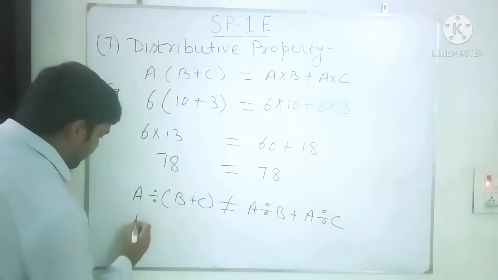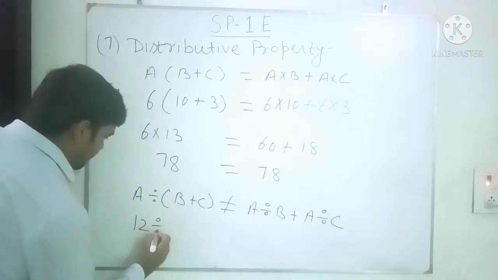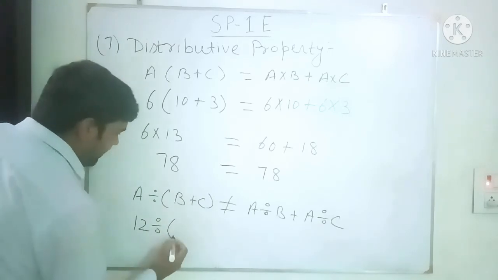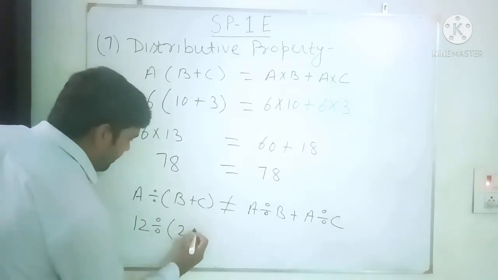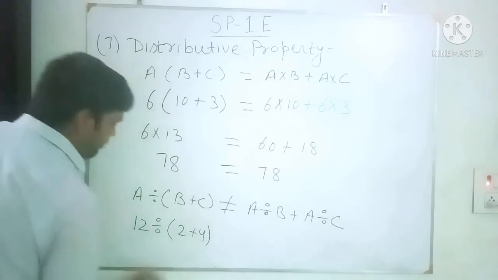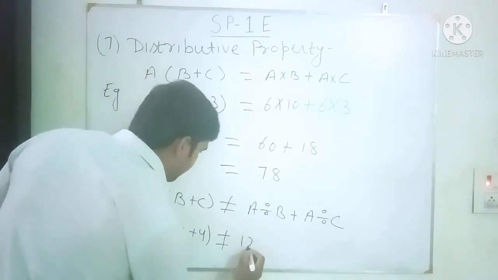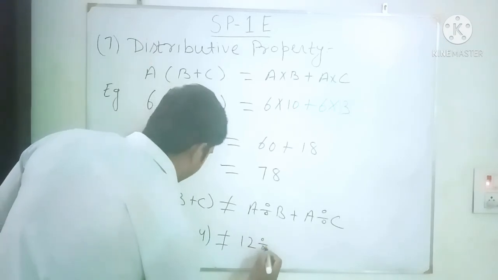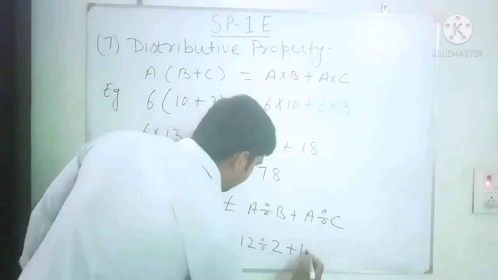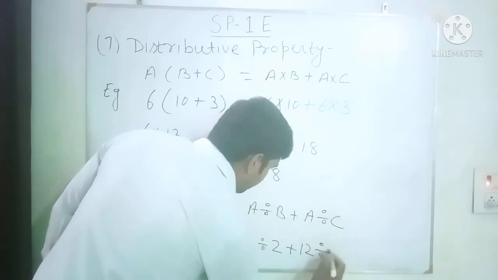Suppose you have taken 12 divided by (2 plus 4), and compare it with 12 divided by 2 plus 12 divided by 4.